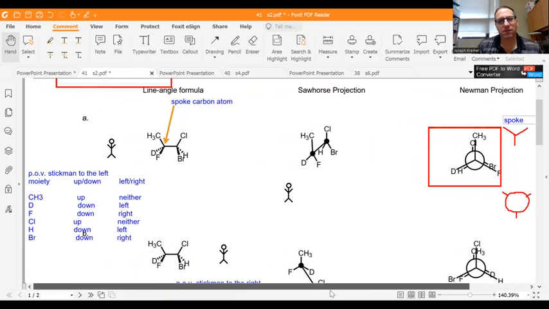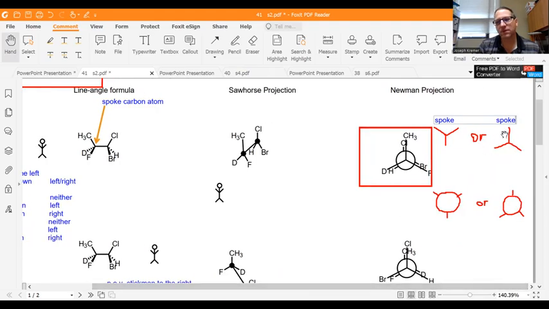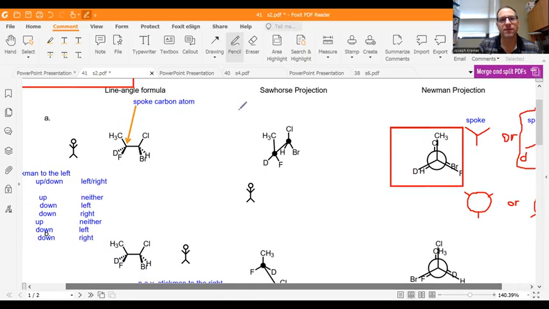Because on our recordings back here, we had up, down, down, we're going to choose this spoke, up, down, down. We're going with this one as the accurate spoke for this case. Up, U, down, D, down, D. The spoke carbon is nearest to the stick person.